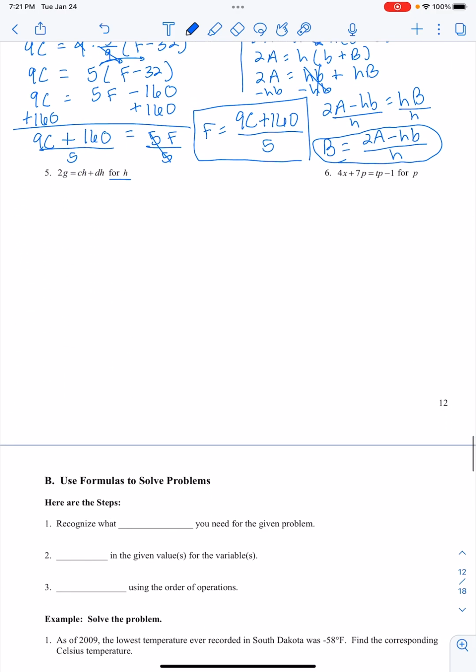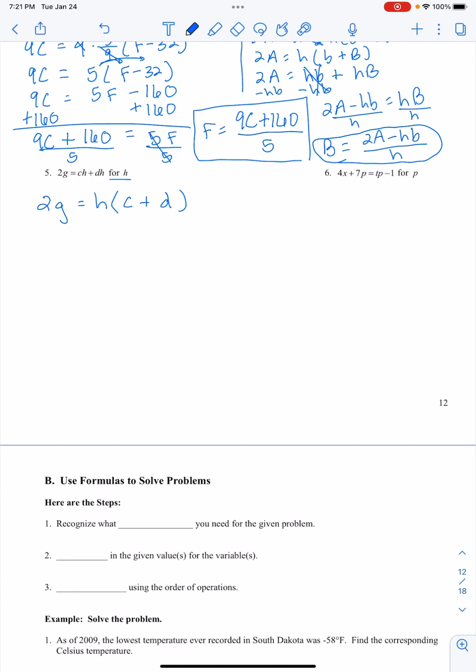So what we're going to do here is we're going to say 2g equals, and we're going to think about what this would look like if h had not been distributed across. So we're going to pull it out front, and we're going to say what would be inside the parentheses is c plus d. If you would redistribute h, you'd get ch and dh.